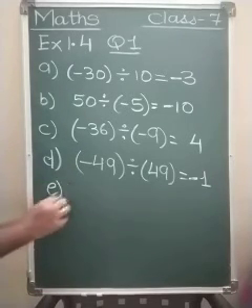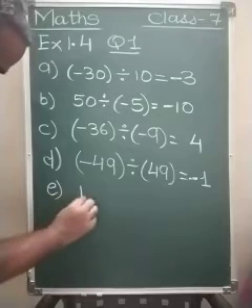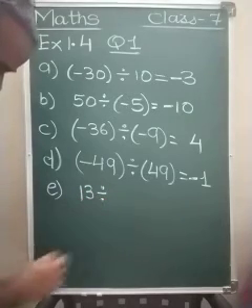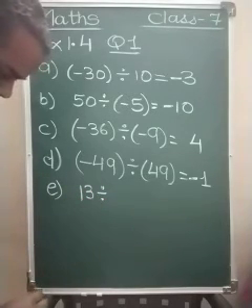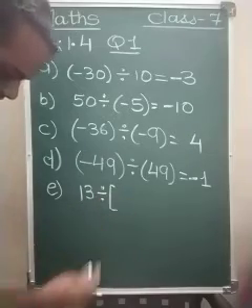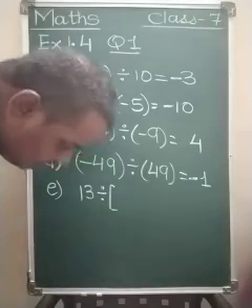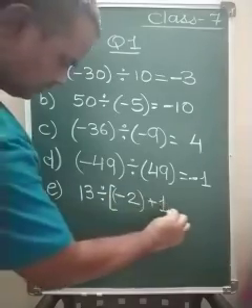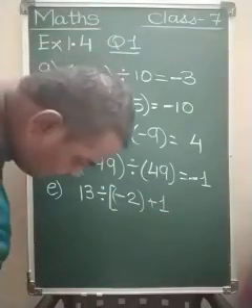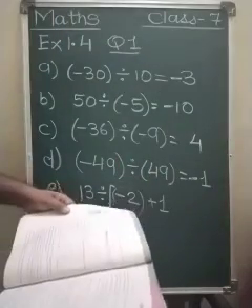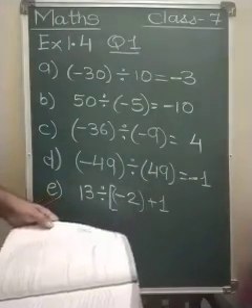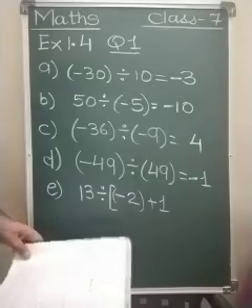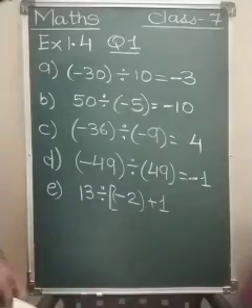E sum, 13 divided by minus 2 plus 1. Let me check whether it is plus or minus. It is plus. 13 divided by minus 2 plus 1.